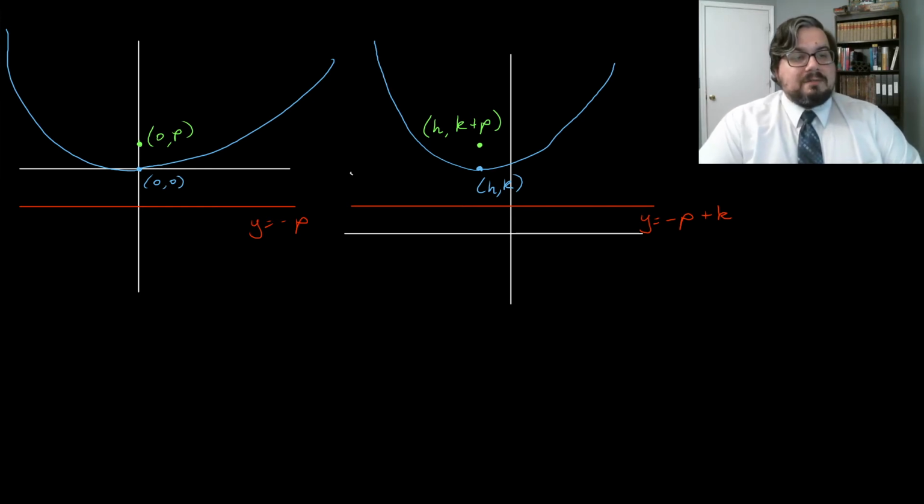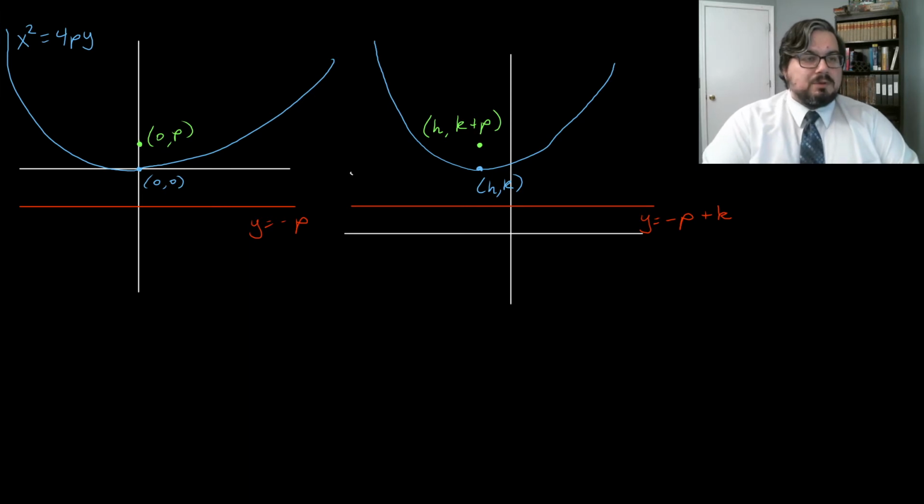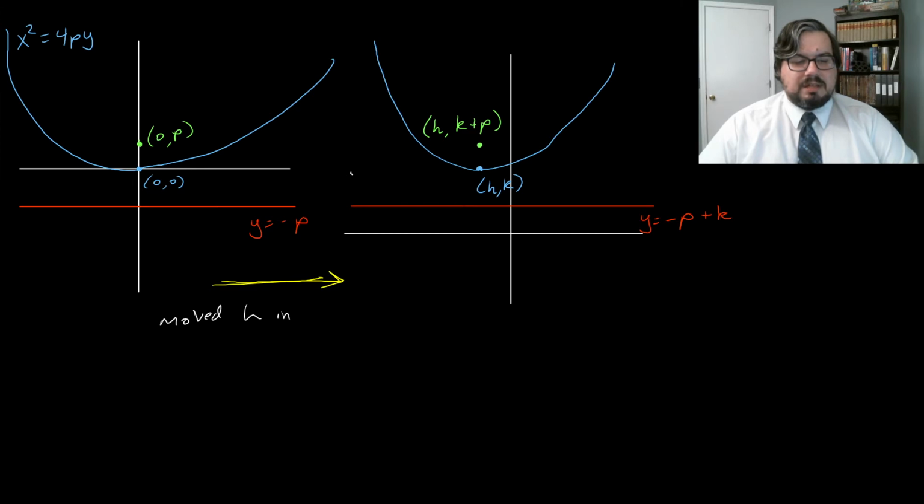Now, the first equation that we had here is x squared equals 4py. In moving from the left graph to the right, we've moved h in the x direction and k in the y direction.